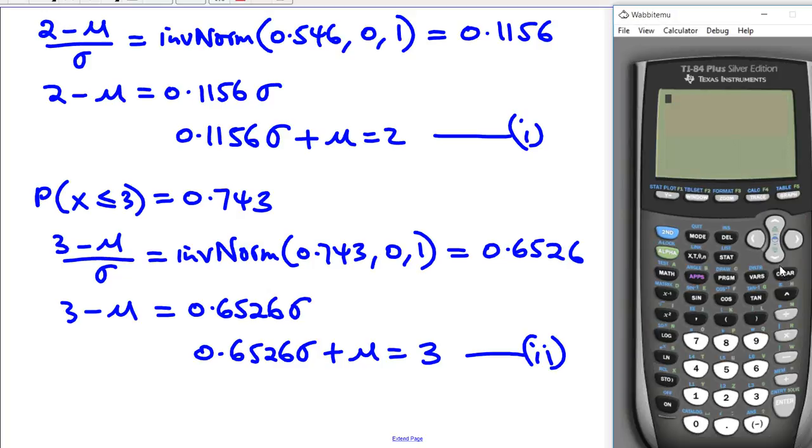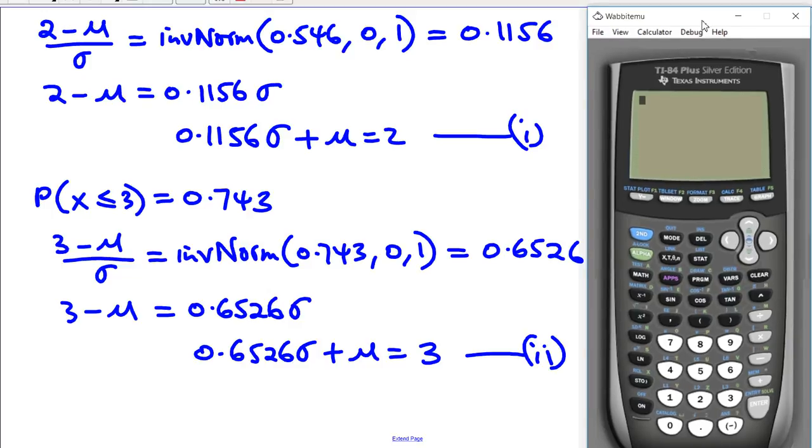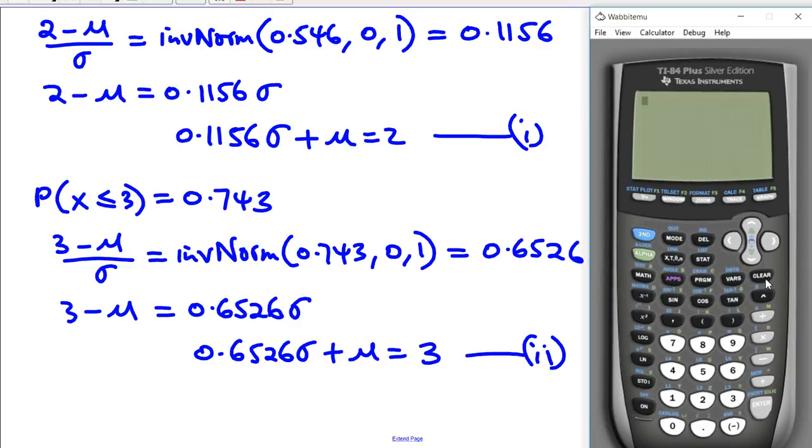So if you go onto your graphing calculator, just go onto apps, PlySmlt, simultaneous equation solver, two unknowns, yes, next, and then just plug in. So 0.1156, 1, 2, 0.6526, 1, 3.